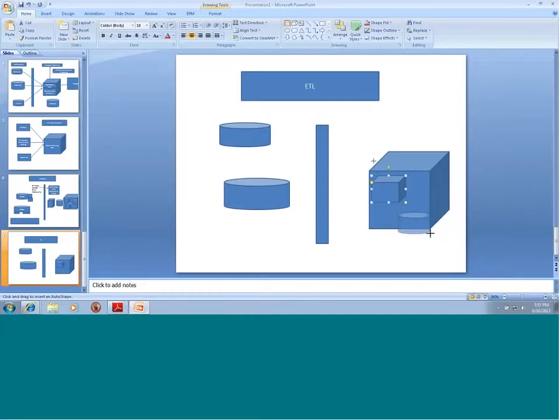We have identified all the tables that we need to build. Now the second step is to establish a connection between the data warehousing system and the multiple source systems, which is nothing but extracting data from multiple source systems. That is the E, which is extraction.